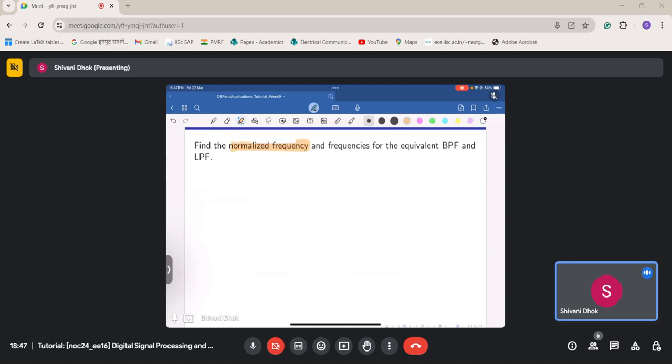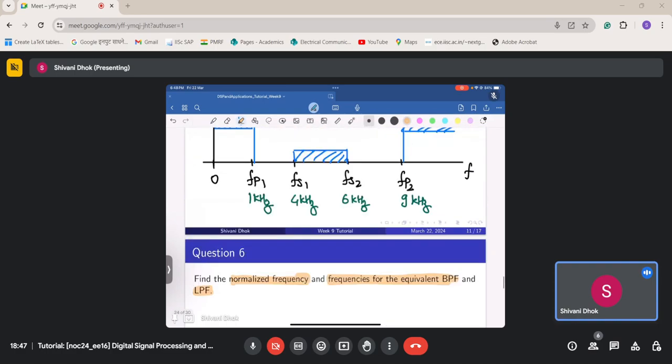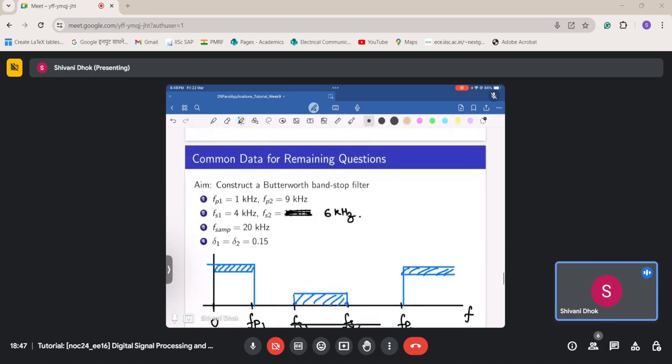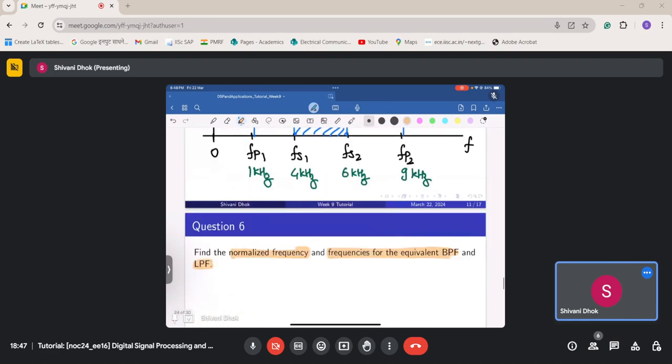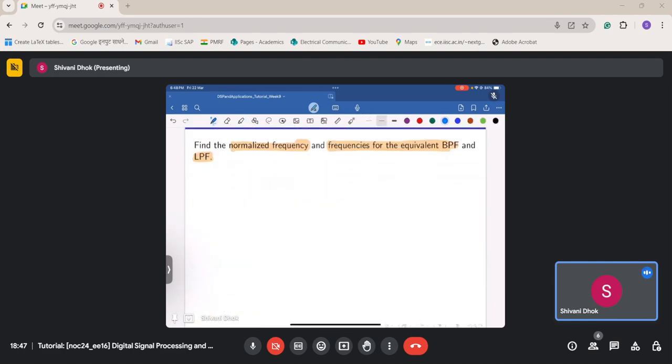Then we need to find the frequencies for the equivalent bandpass filter in the analog domain and the lowpass filter in the analog domain. And one more thing that is given to us is that the sampling frequency is 20 kilohertz. Okay, so let's start with this.